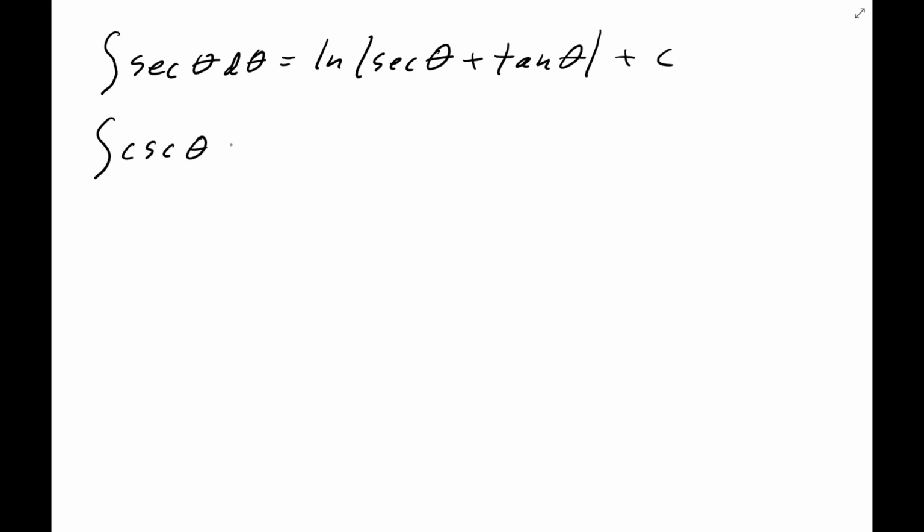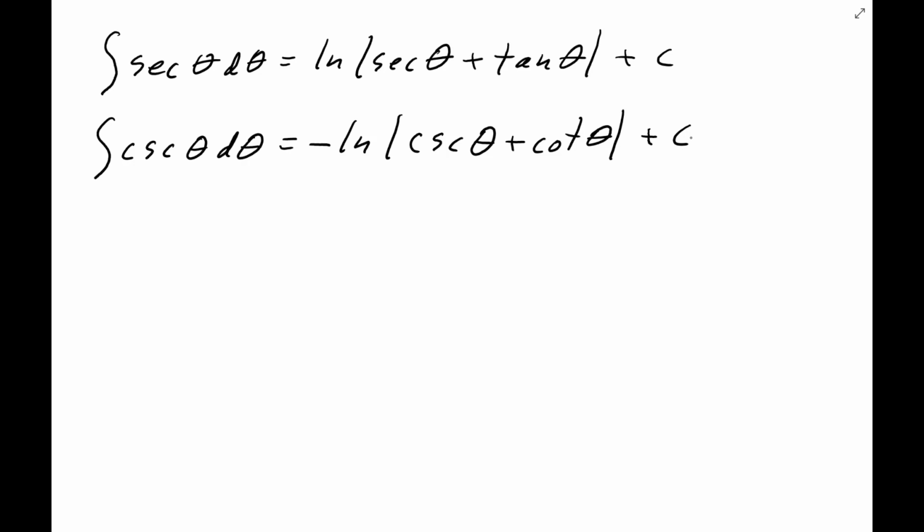And the antiderivative of the cosecant of theta is the negative natural log of the cosecant of theta plus the cotangent of theta. And if you want to see why these are the antiderivatives, just take the derivatives of these things and you'll see you get back to the secant theta and cosecant theta.